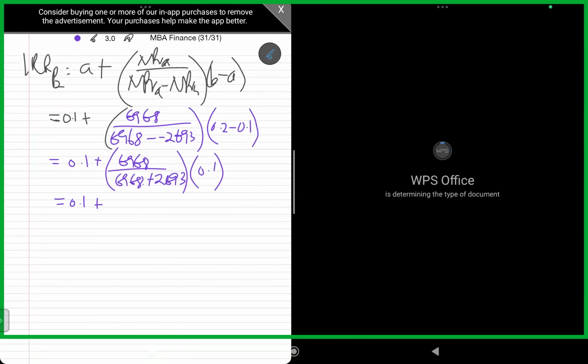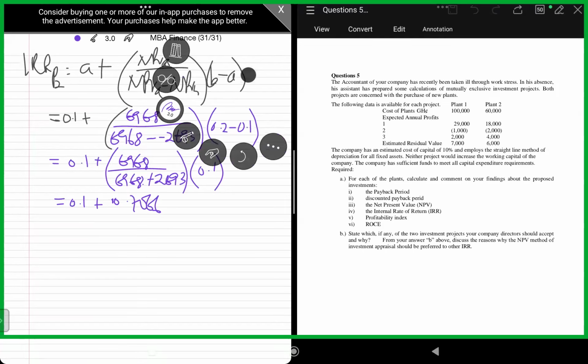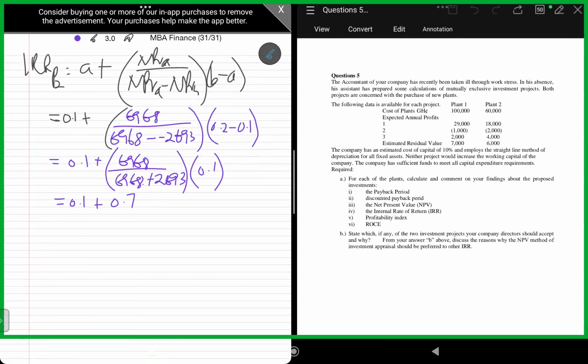Give me the value. That gives us 0.7066. Multiply by what? 0.1.